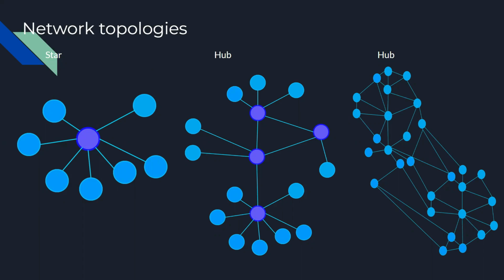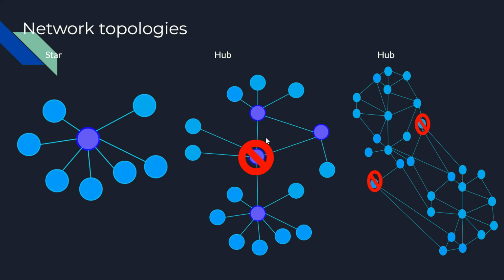Why is it good to have like a hub topology? Because your network will be more resilient. So for example, if this node fails, you can still have access to the other nodes through maybe some routing protocols or something like that. If you have a hub topology also, if this node fails, you can still access other parts of the network through routing.